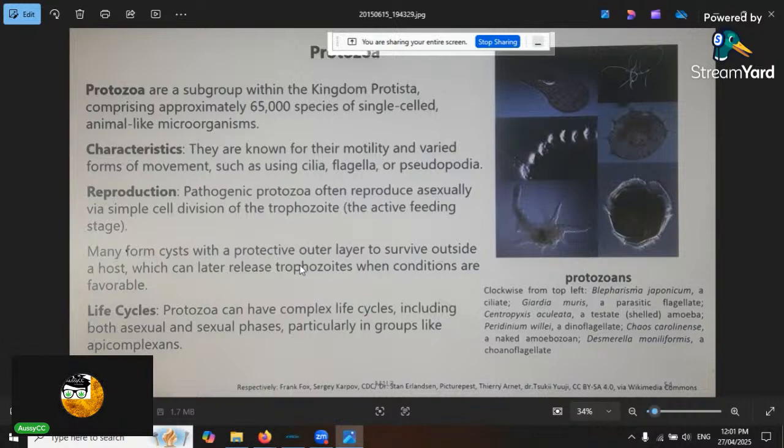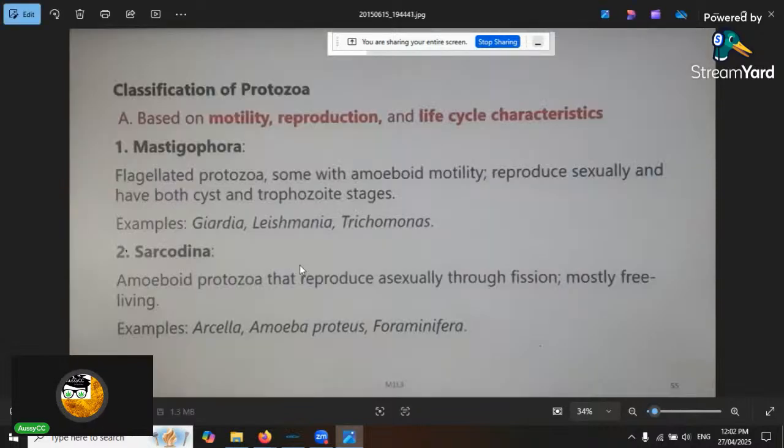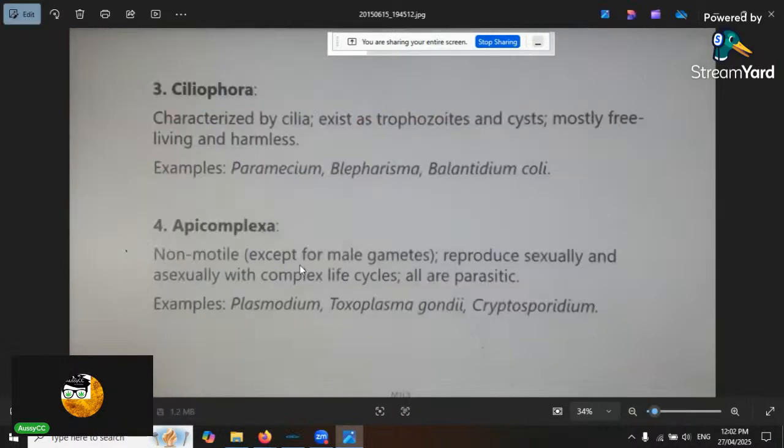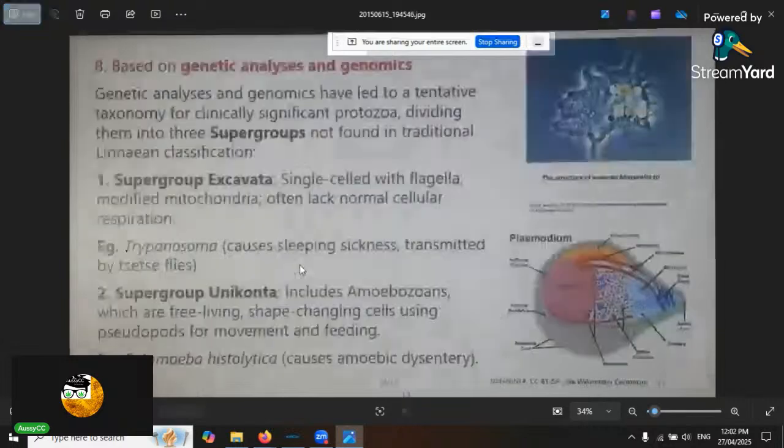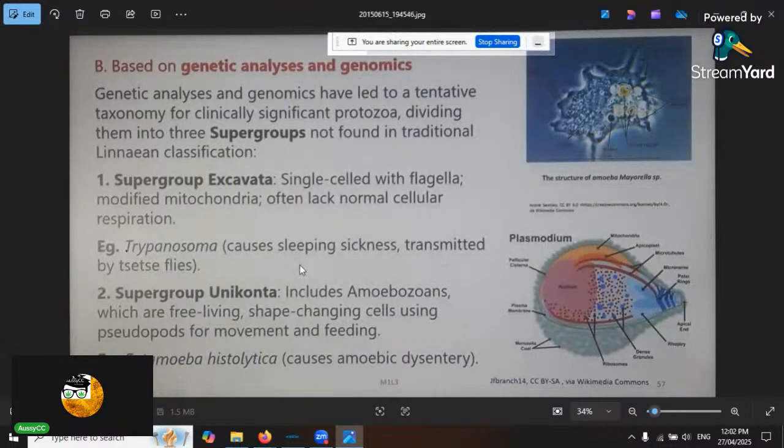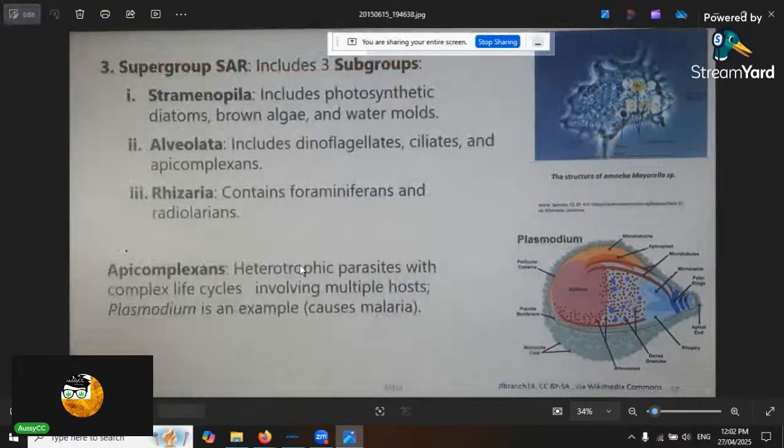Protozoa. It looks so scary under the electron scanning microscope. I wonder if we've got any photos of it. Plasmodium.